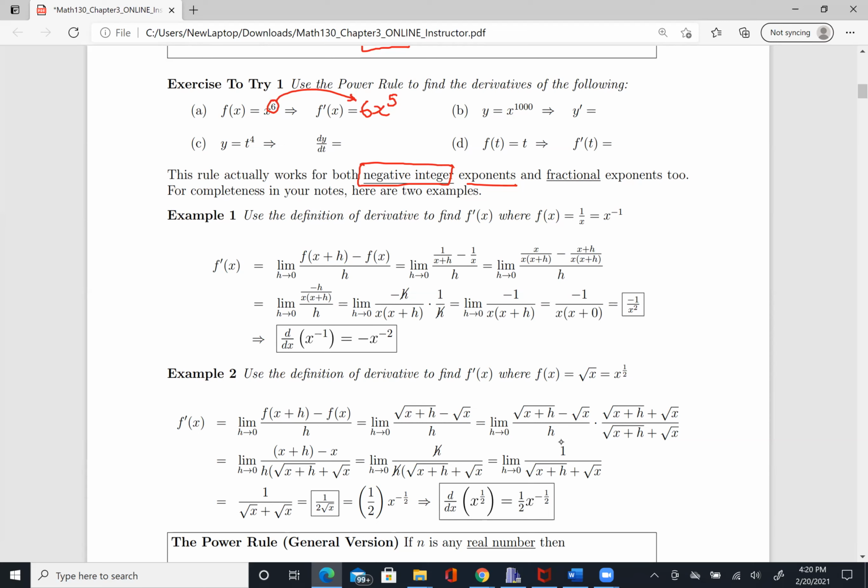Okay, so let's work on example 1 with a negative integer exponent. So we try to take the derivative of, let me see.